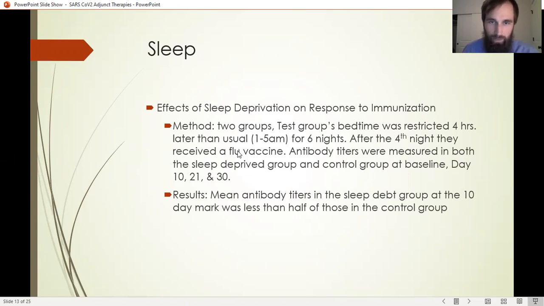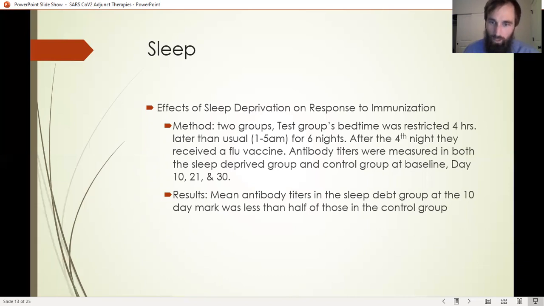But if you're sleep deprived and you get a real infection, your body is not going to mount the full response, just like it didn't when these subjects got the flu vaccine.